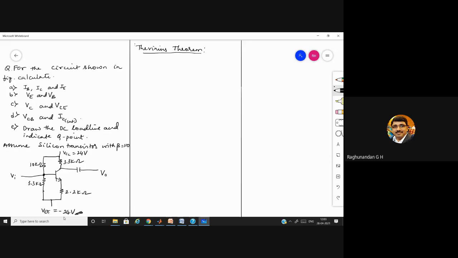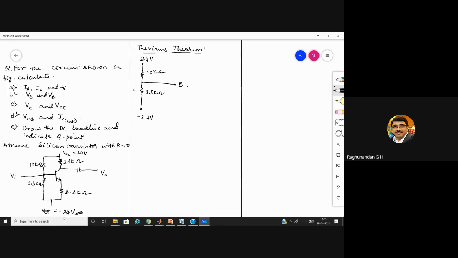So at the input side, we are going to apply it to the voltage divider circuit. So here we are having 24 volt. Here we are having minus 24 volt. This one is 3.3 kilo ohm. This is 10 kilo ohm. And here we are having the base.